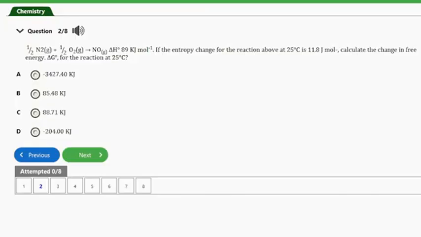And guys, in order for us to do this, we are simply going to zoom into our workspace here. Remember, the first thing to do is to write down your equation.